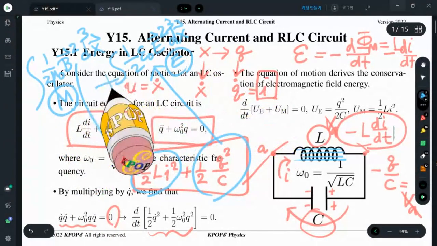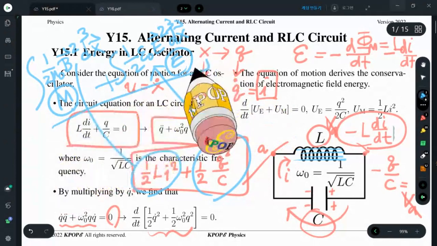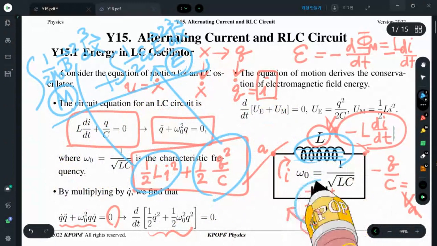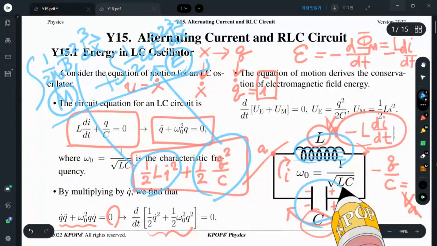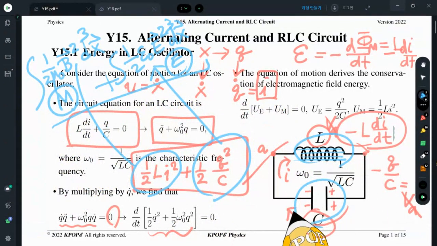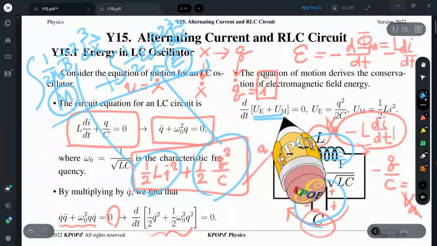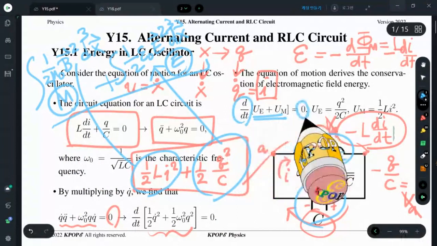The sum of these, so the electromagnetic field energy saved inside an inductor and capacitor, is invariant. It is a constant of motion.